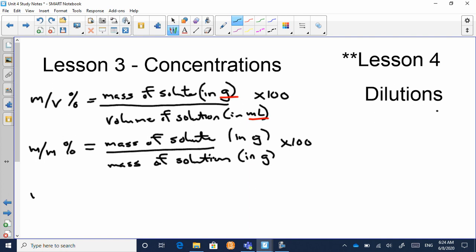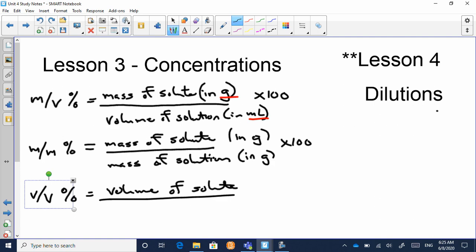The third one we did was a volume percent, and here it was the volume of solute divided by the volume of solution.